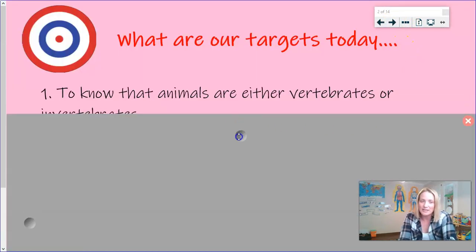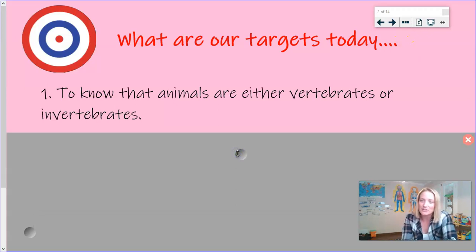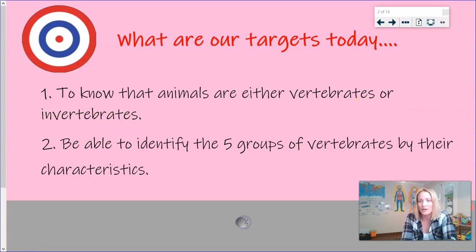What are we going to learn today? The first thing we're going to do is look at and understand that animals are separated into one of two categories, they being vertebrates or invertebrates. And we are also going to focus on identifying the 5 groups of vertebrates by their unique characteristics.